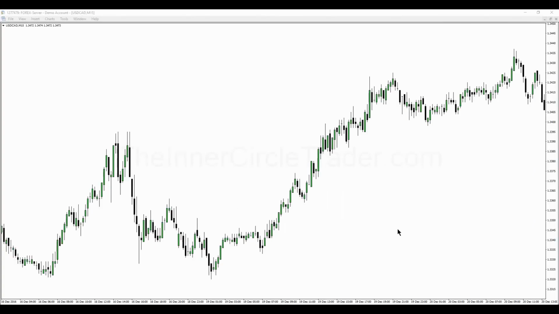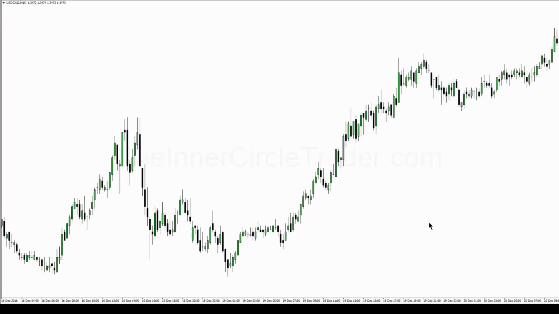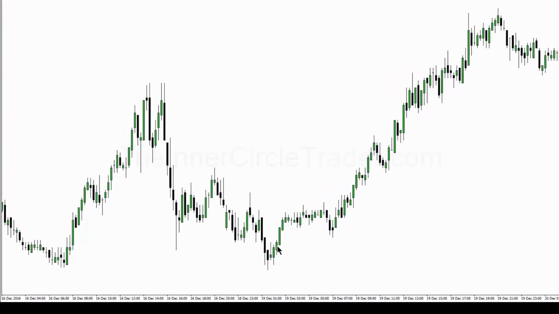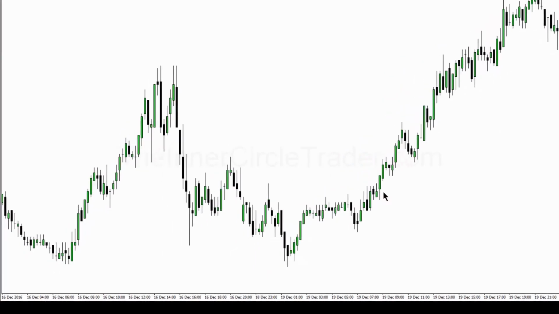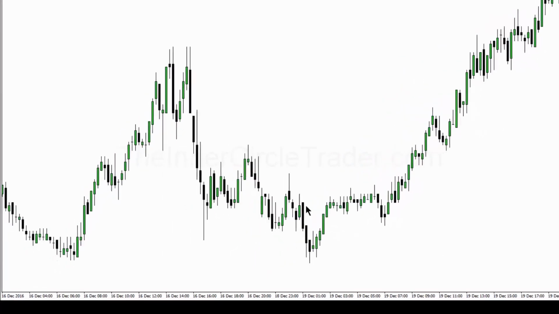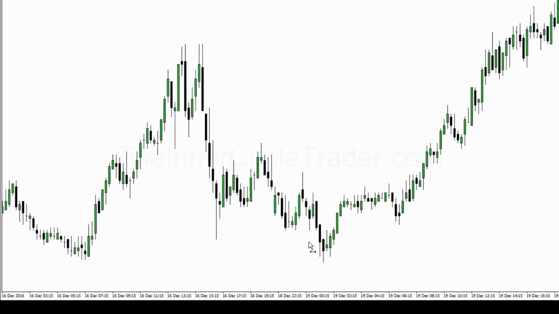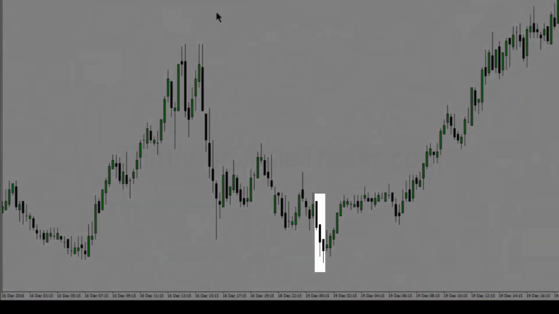Okay, first let's take a look at a bullish propulsion candle. You can see price has moved from a low here, and we're on the buy side of the curve, and the market has several down candles in here. So we would take this as one full bearish candle because it's three consecutive down candles.